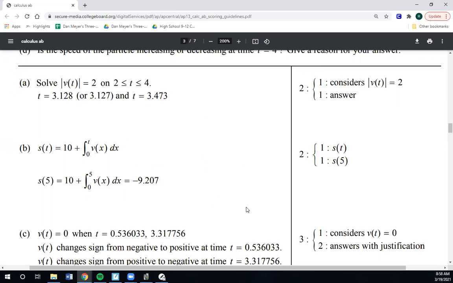These free responses are always 9 points total. And then a point for getting the answers out on your calculator. Part B, a point for the expression of s of t, and then a point for plugging in 5 and getting the answer out.